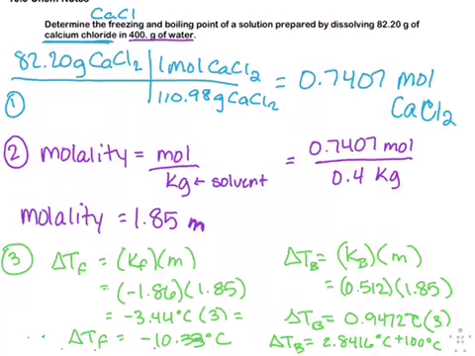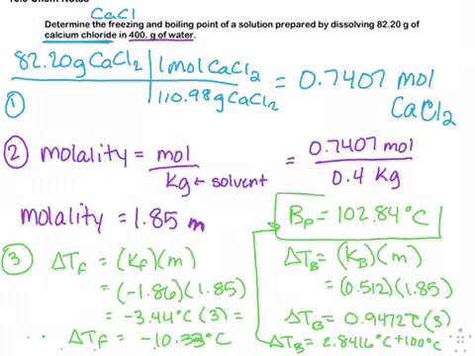So the final answer here, our new boiling point, will be 102.84 degrees Celsius. Do we need to worry about the subtraction on the freezing point? No, because it freezes at 0, so the subtraction is already done.